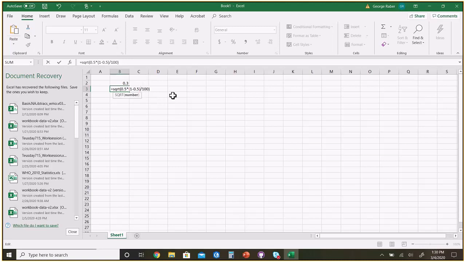And I'm going to put this all in parentheses. That's right. And then equals this divided by that. We get 6. That's the z-score, it is 6.